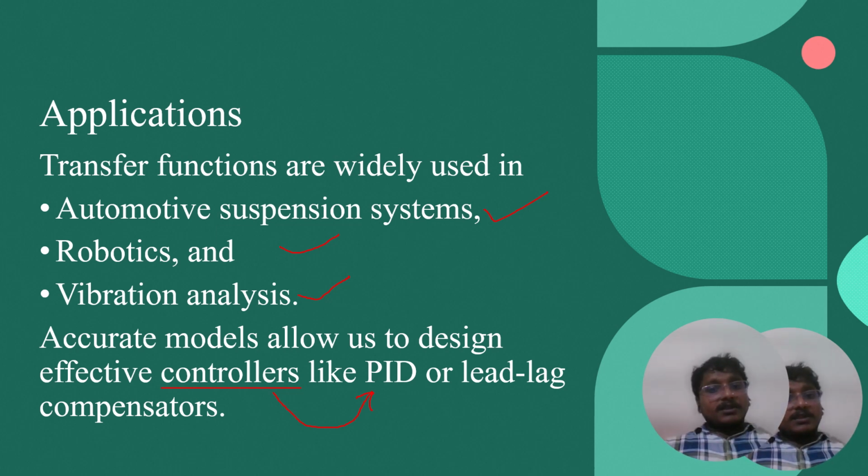That type of compensator is called a PI or PID compensator. The most popular ones are PI and PID controllers, and PR also. After that, the lead-lag compensator. This lead-lag compensator is also very useful when it comes to the state space equation, when we are designing a system or a control equation. Okay, thank you.